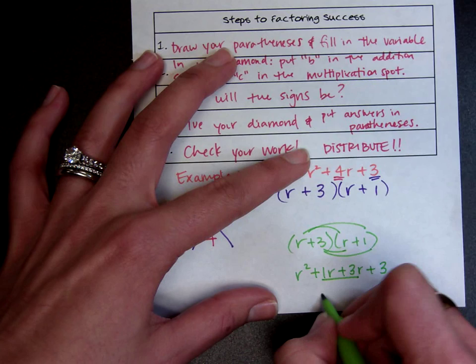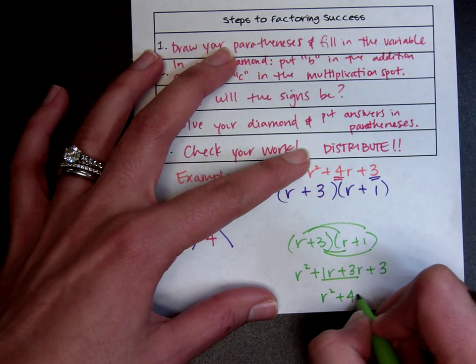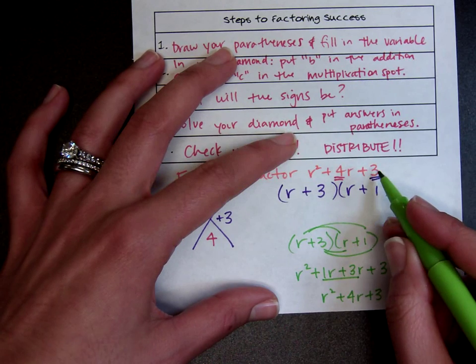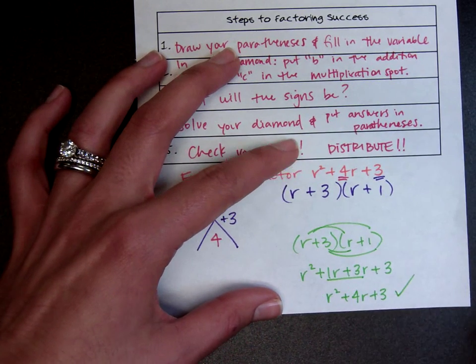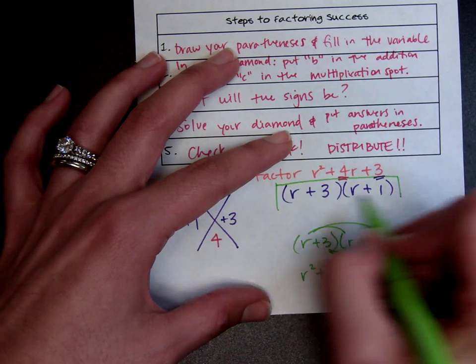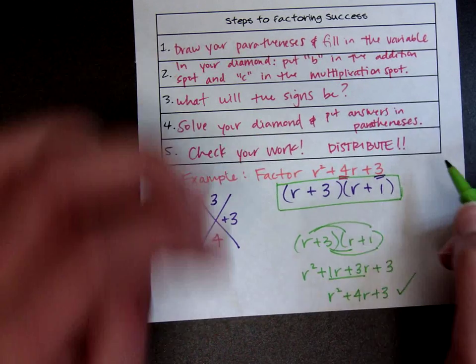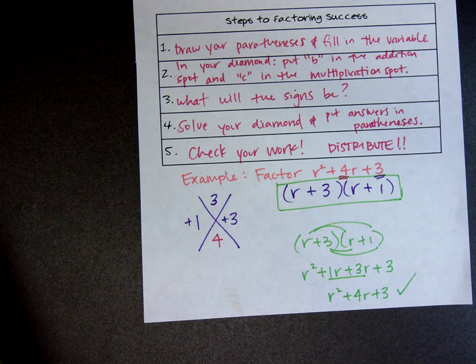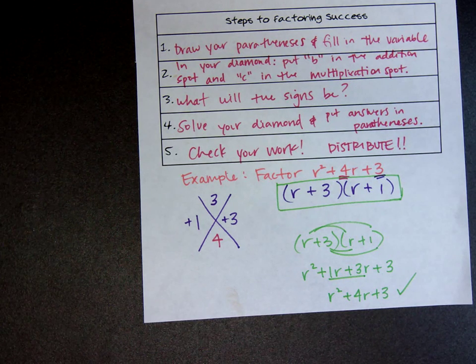Combine my middle terms, giving me 4r. And does that match my original problem? Yes, it does. So I know that this is the correct answer. Okay, so on the page next to this in your notebook or on the back or another page, let's just do a couple more examples.